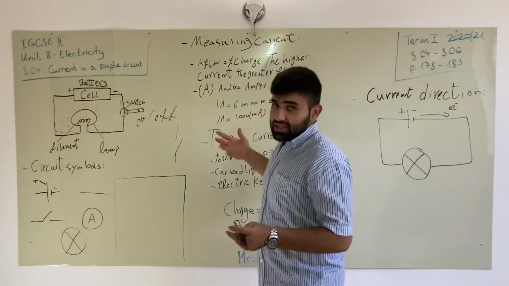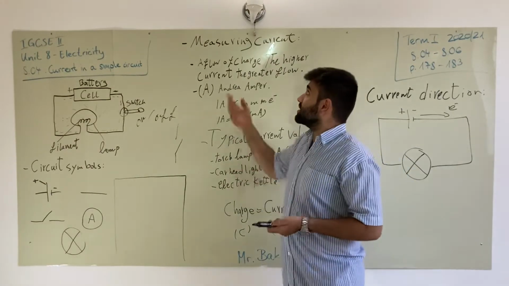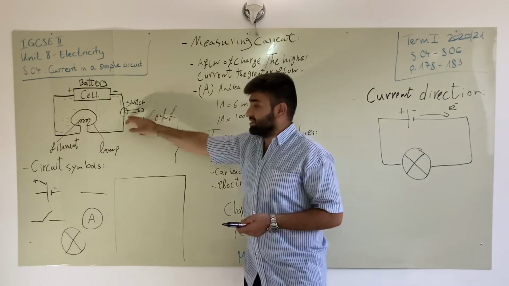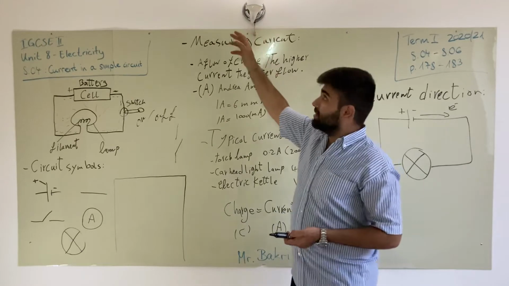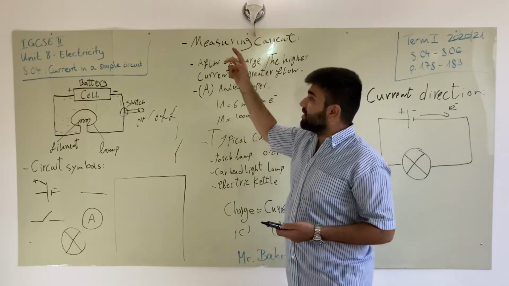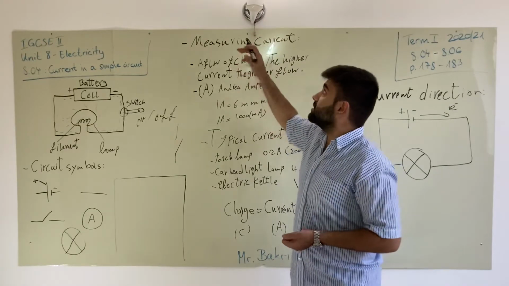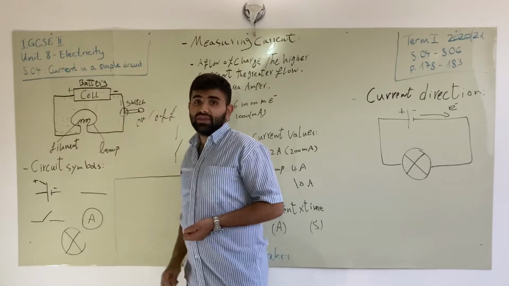For example, every one of your rooms has a lamp. As you can see, here is the lamp and this is the switch, as I'm holding it. The electricity comes from the generator until here, so in this case the generator is the cell that gives the electrons.